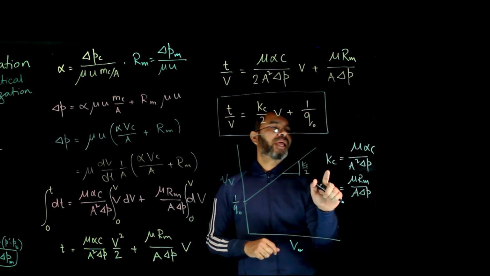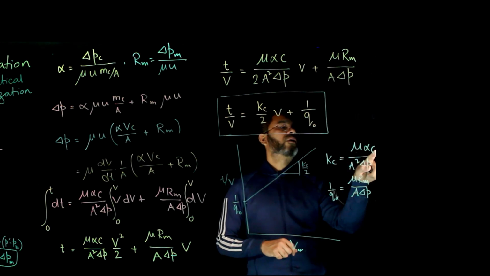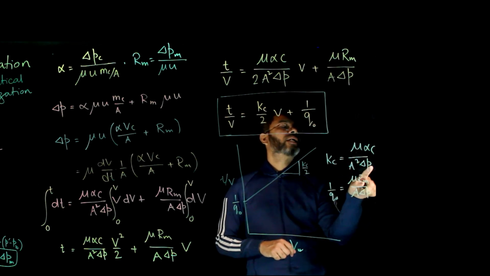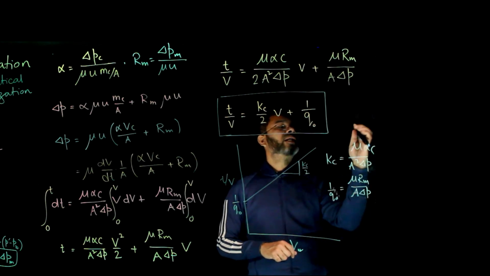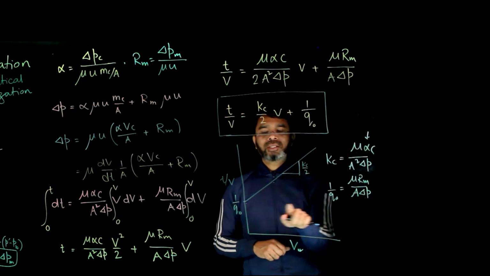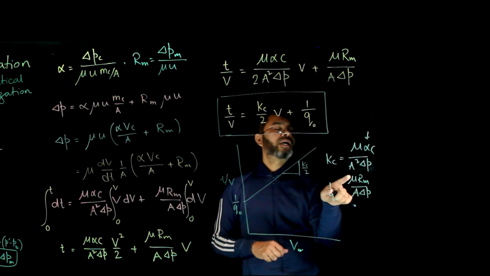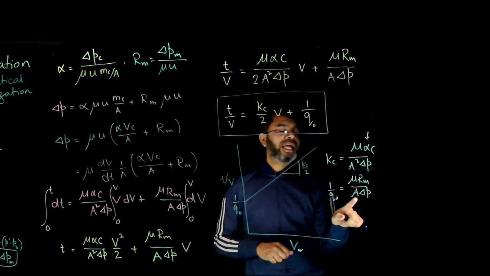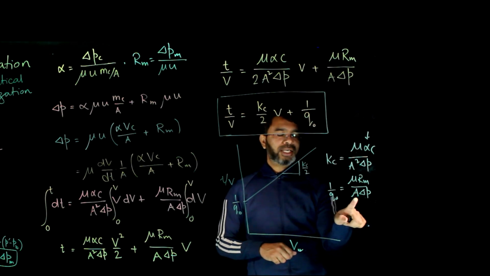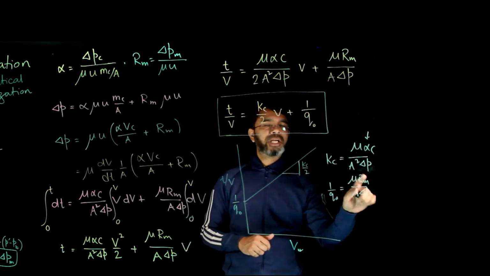And when you get the value of Kc, if you know the viscosity of the fluid, the solid content, the filter area, and if you can measure the pressure drop, you can get the specific cake resistance. Similarly, from the intercept, you will get this term, and in this term, if you know the viscosity of the liquid, the area of the filter medium, and you measure the pressure drop, you can get the filter medium resistance.